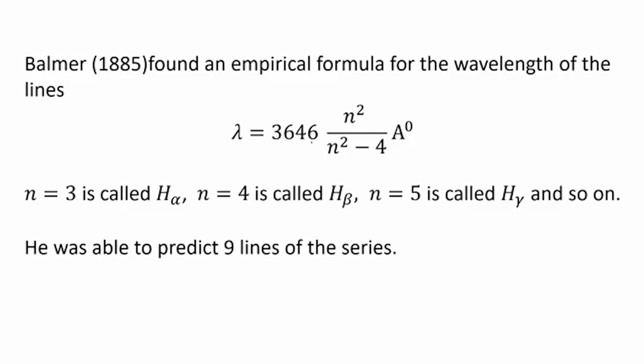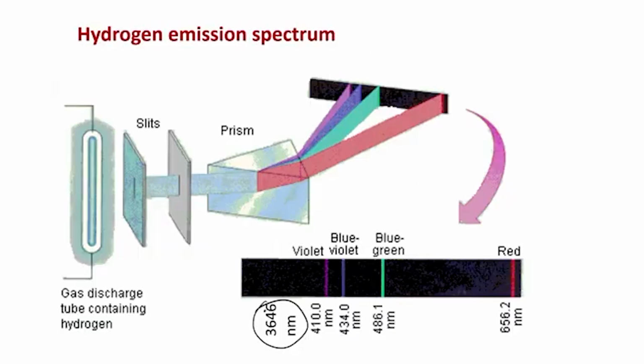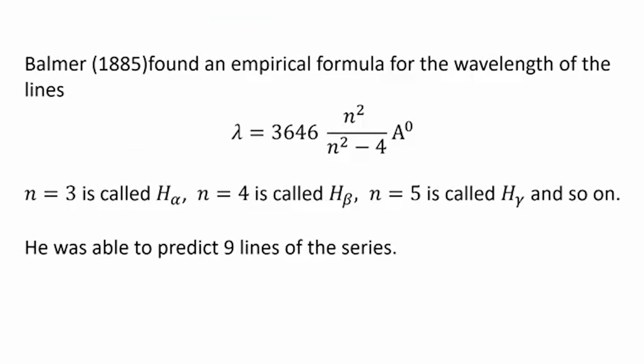This 3646, which is in angstrom, not nanometer, multiplied by n squared divided by n squared minus 4, gives the wavelength of these lines in angstrom that he could fit.